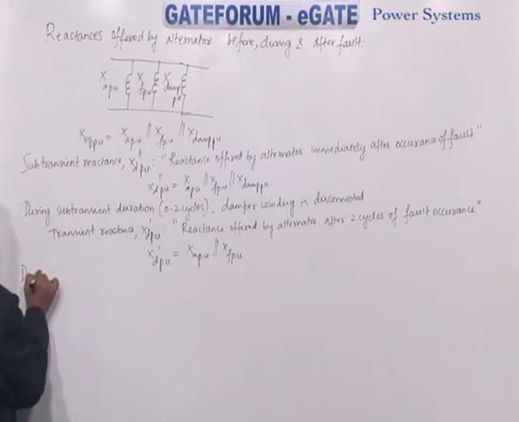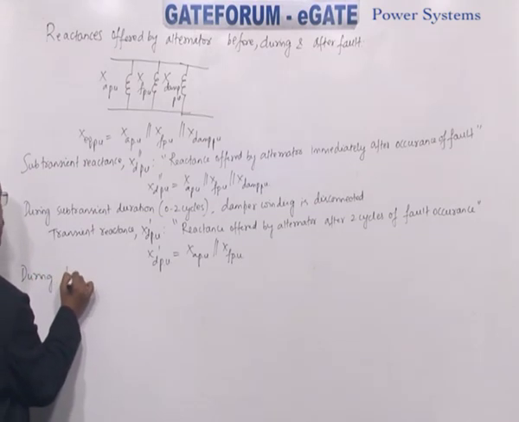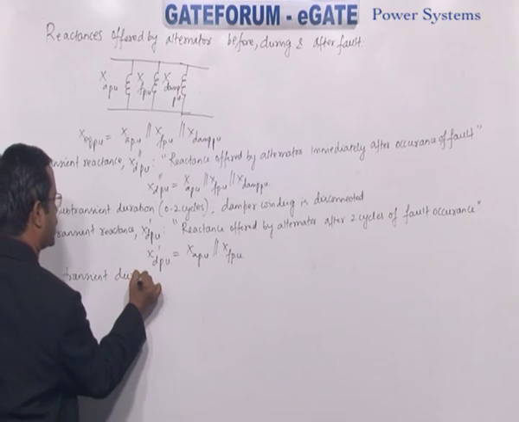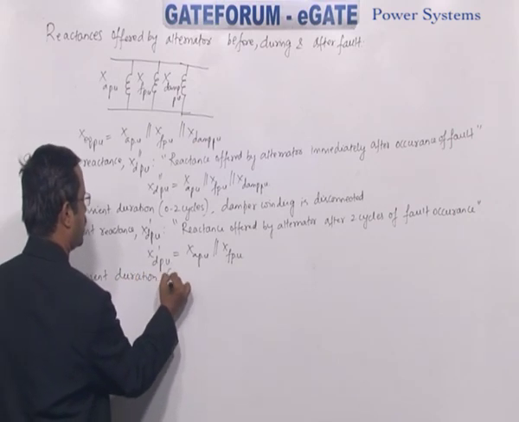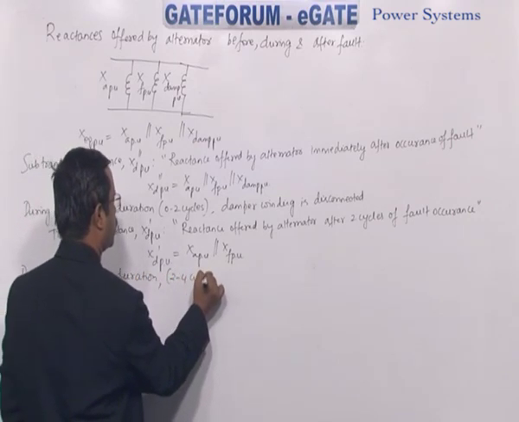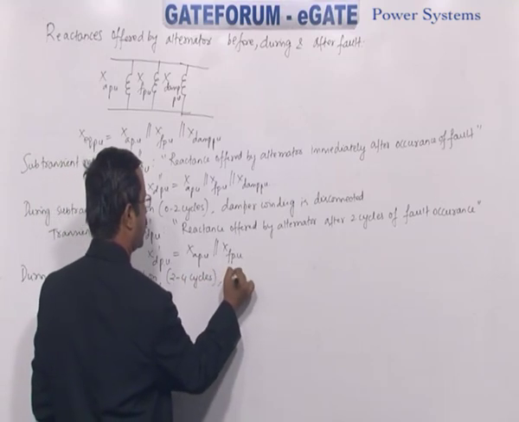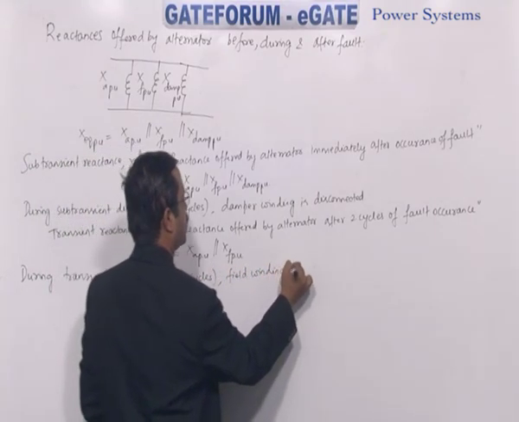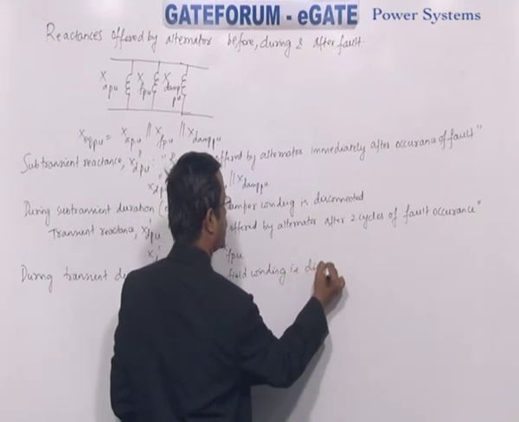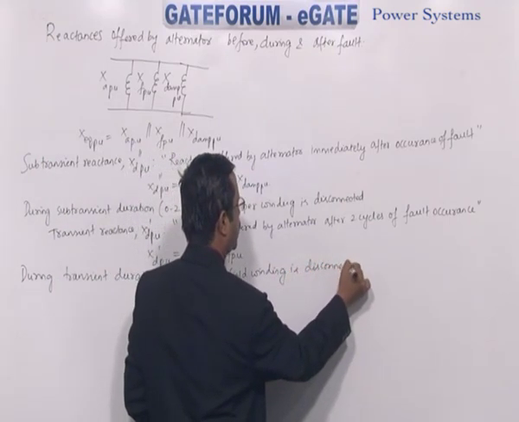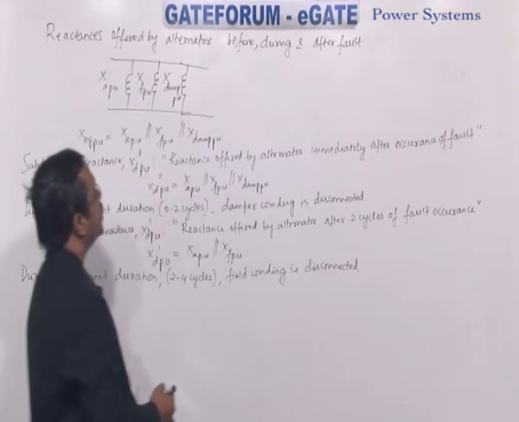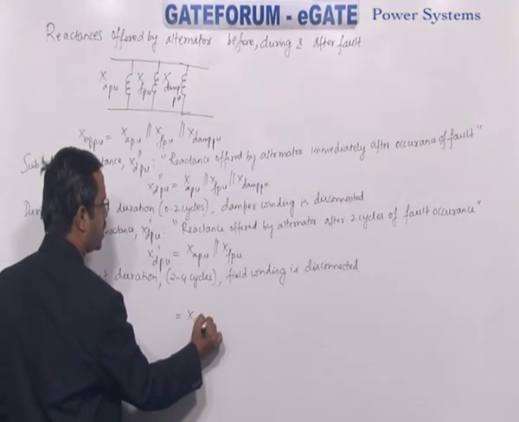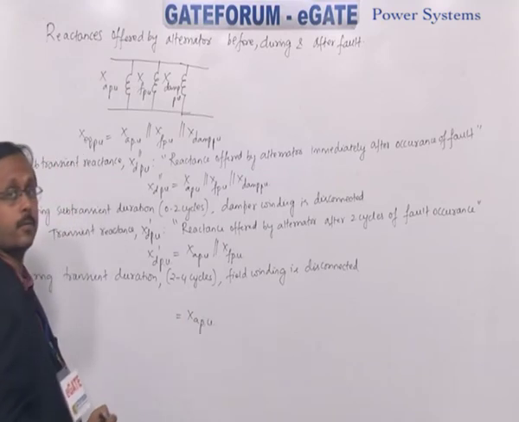So now we mention that during the transient duration, that is 2 to 4 cycles, the field winding is disconnected.